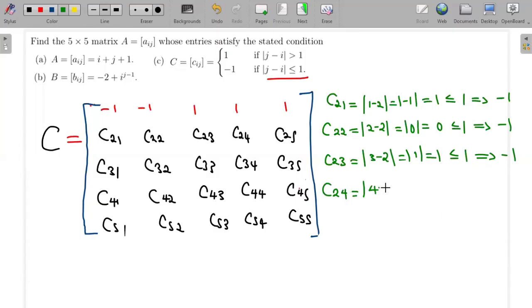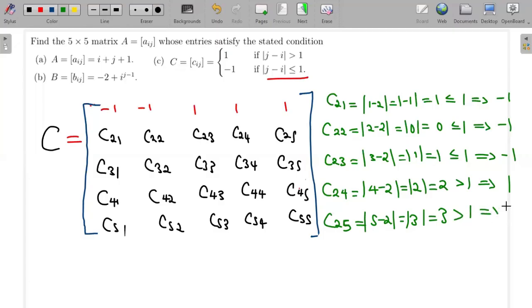This would be 4 minus 2, the modulus of 2, which is 2, greater than 1, so the answer there is positive 1. C25: the modulus of 5 minus 2, which is 3, greater than 1, so the answer there is 1. So I can replace the entries in the second row: minus 1, minus 1, minus 1, 1, 1.